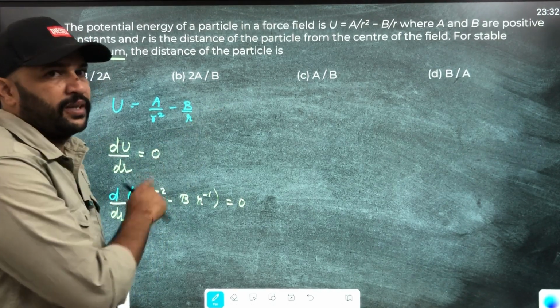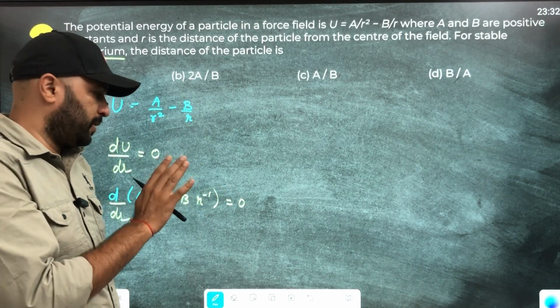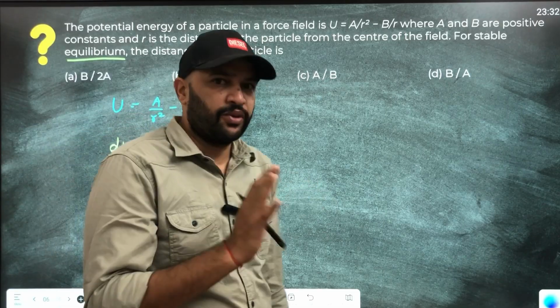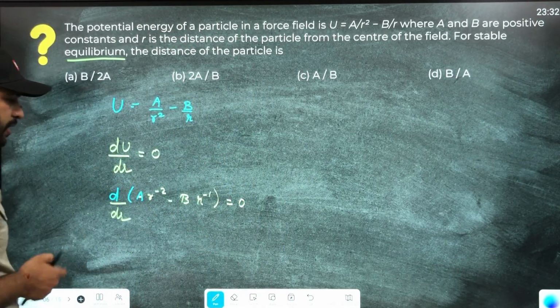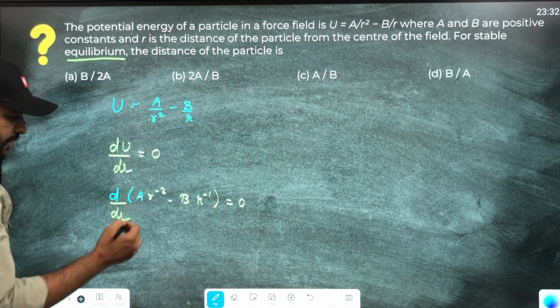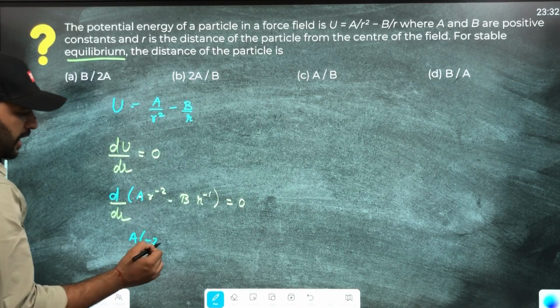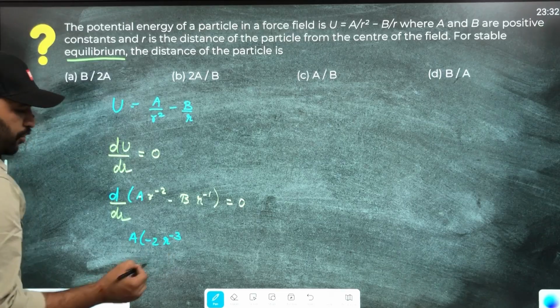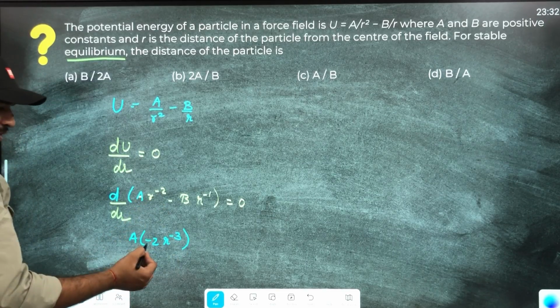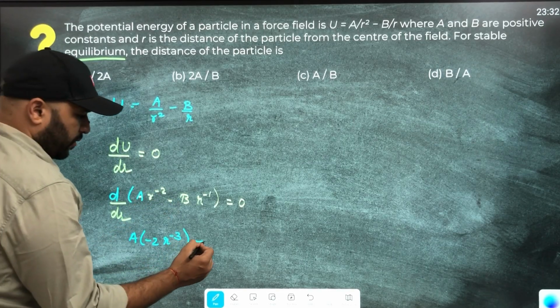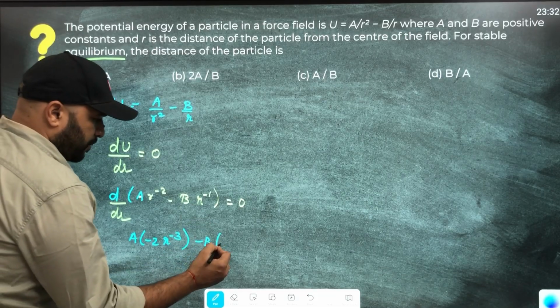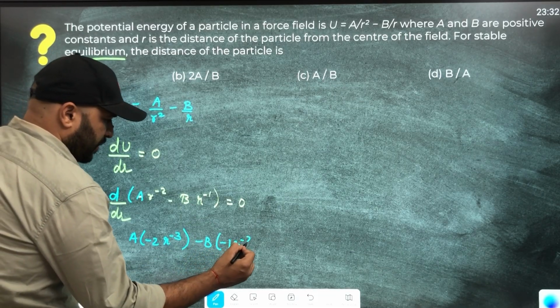Only in stable equilibrium it is equal to 0. So people here in this particular case, they forget that we are talking about stable equilibrium. So now here it will be A r to the power minus 2 minus 2 r to the power minus 3. I hope this is clear. The power comes in front and the power decreases by 1. Okay, great. Here again the power comes in front and power decreases by 1.